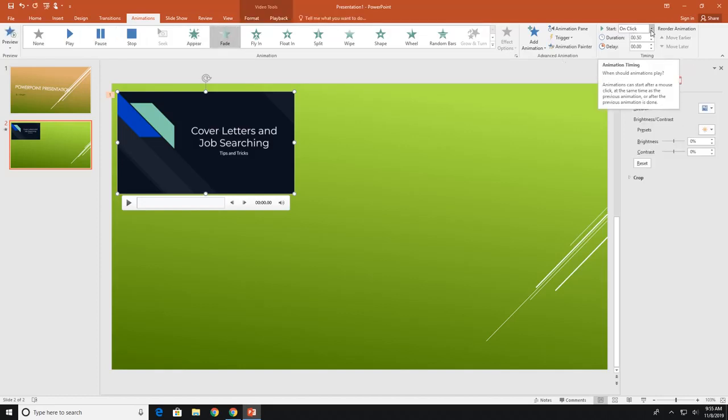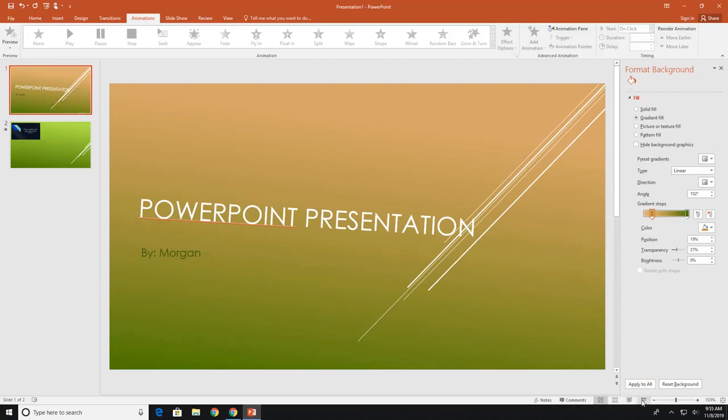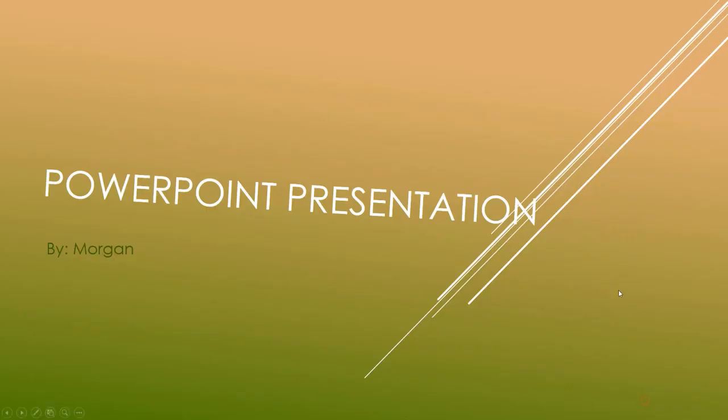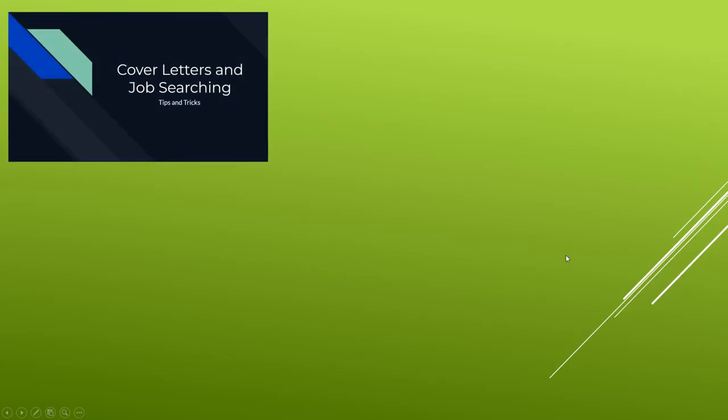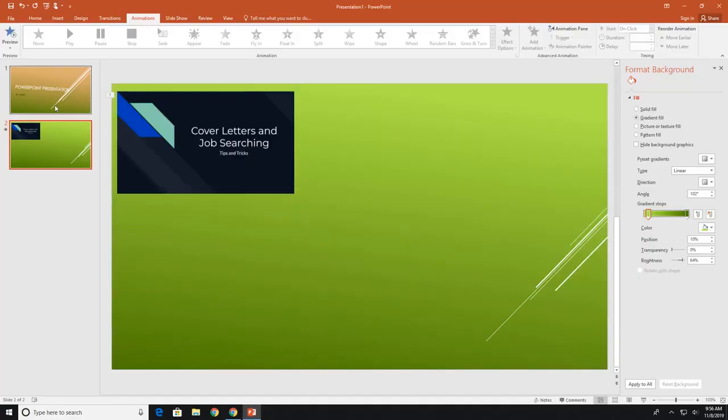Right here it defaults to on a click. So if I wanted to start from the very beginning, down here we can click here to start the slideshow. So I click this next slide, it's not coming up yet, but once I click one more time, it's going to fade in. So that's just another option you may want.